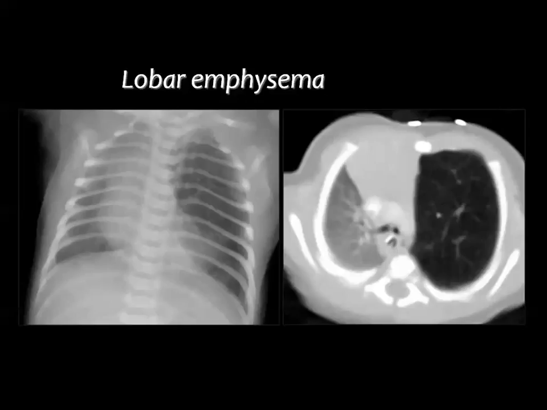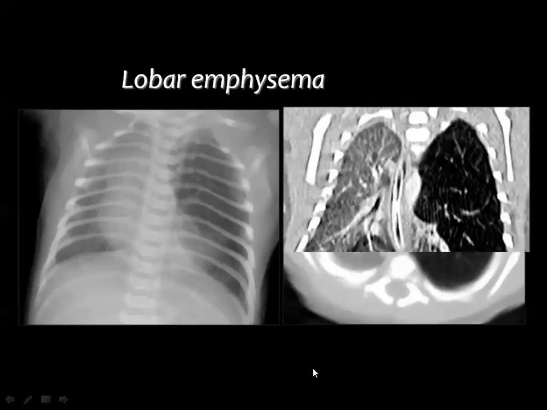You see the emphysematous lobe, and you see this margin crossing towards the opposite side. You see this opacity which represents the compressed lower lobe, and there is some shift of the mediastinum and heart to the opposite side. The CT scan showed a hyperinflated lobe with scanty pulmonary vessels.